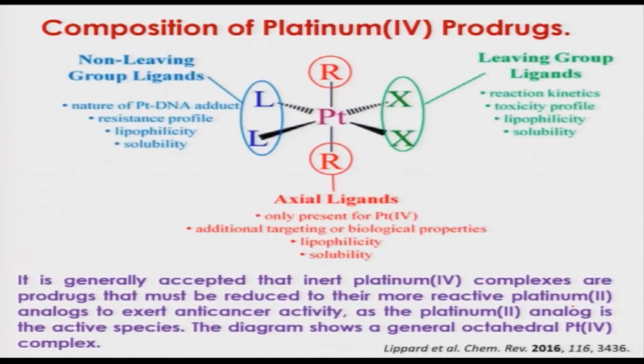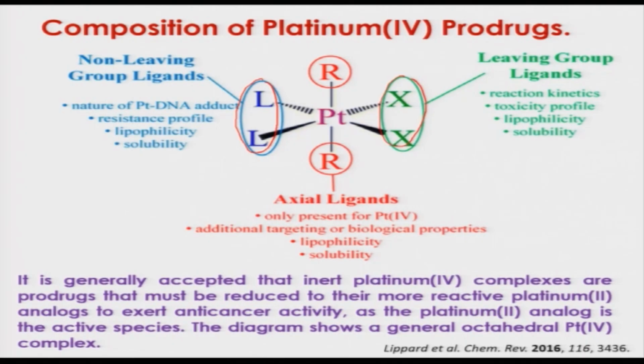One such attempt was to make platinum 4 products. Two leaving groups are here, platinum is in an octahedral structure and these 2 X are the leaving groups, and there are 2 R groups, which one can play with.